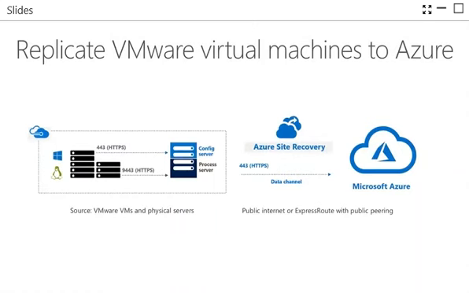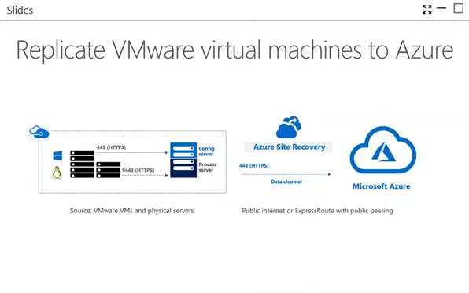Now, if you're using VMware or if you are running physical servers, you can basically do that as well. So we will need to deploy some components on premises in your data center. It's actually a mix of what we call a config server and a process server, all packaged together into a unified setup.